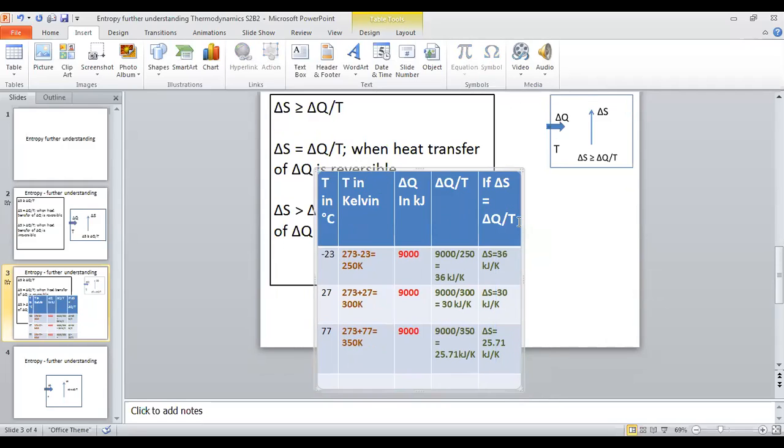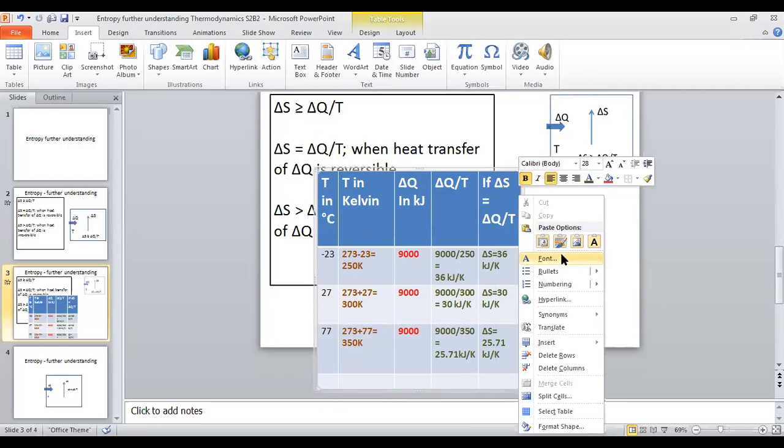And now I'm going to add one more column to the right.